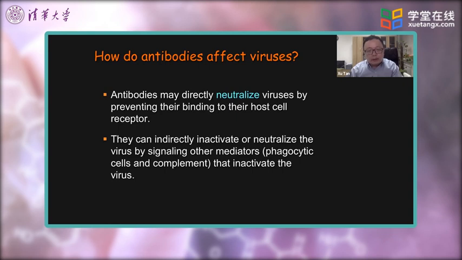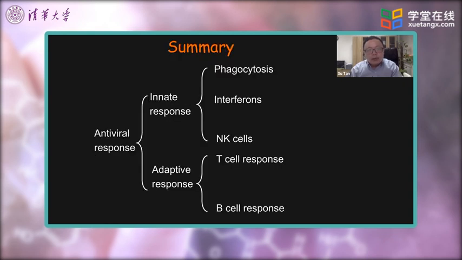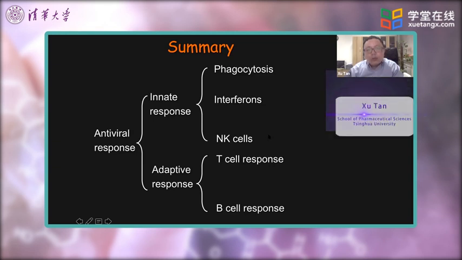indirectly inactivate the virus. So in summary, in this part I talked about the innate response and adaptive response to viral infection. The innate response can work through phagocytosis, through the interferon system, or through NK cell-mediated cell killing.